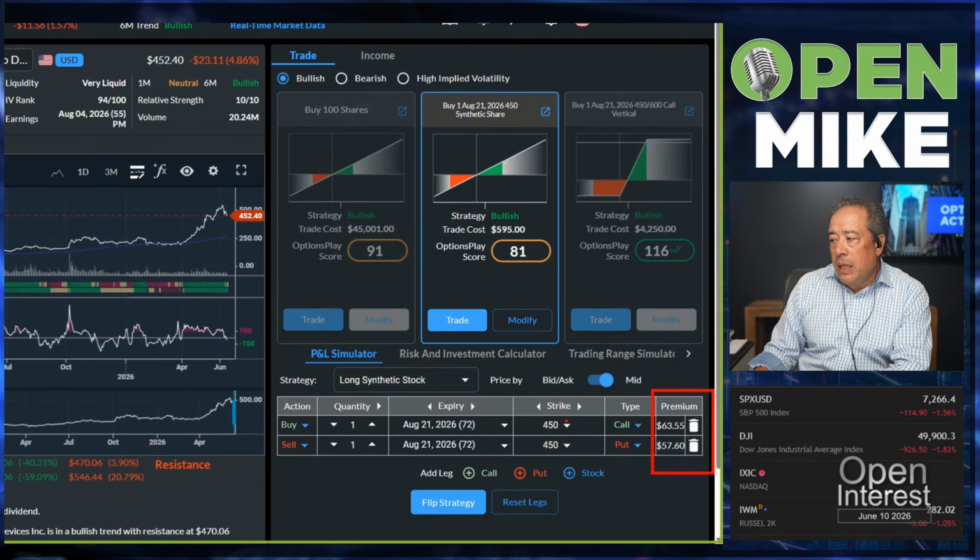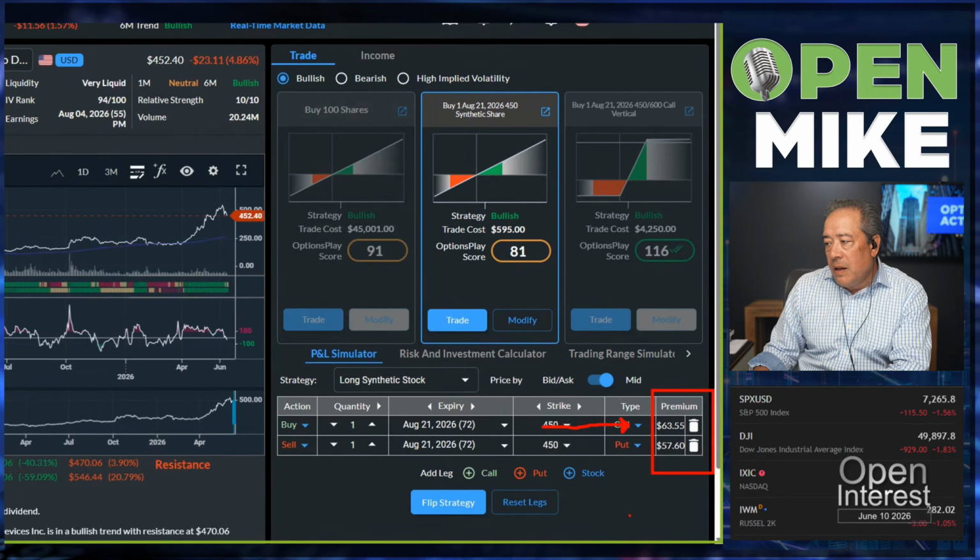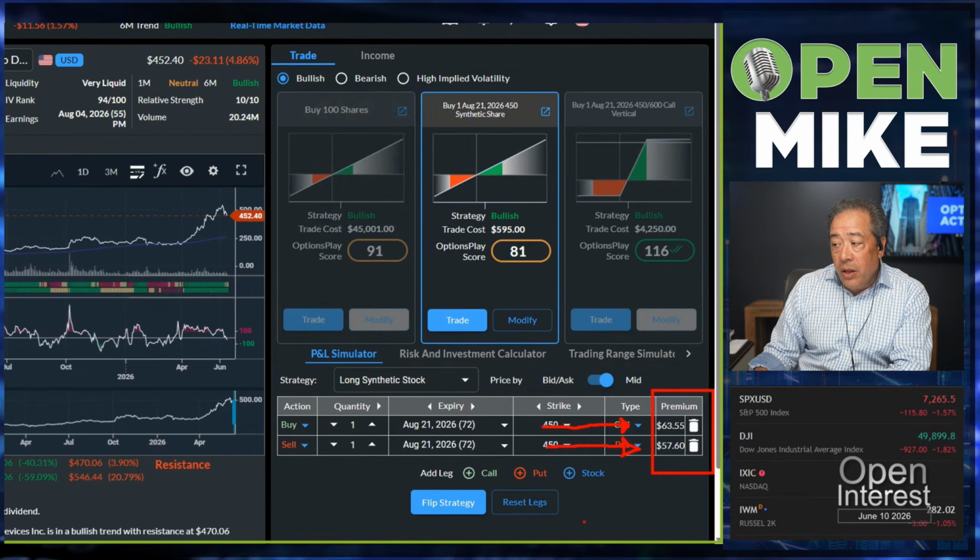You'll notice that in this particular instance, you would be paying $63.55 to buy the August 450 call, and you would be collecting $57.60 to sell the 450 put.